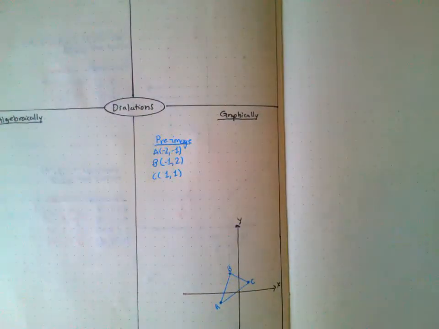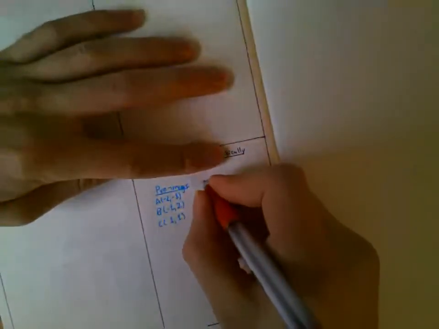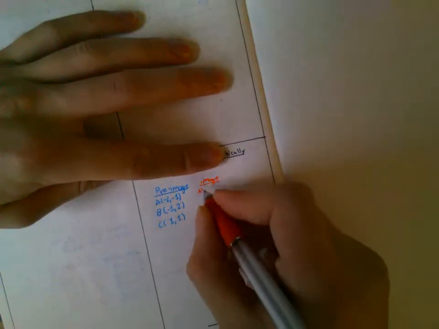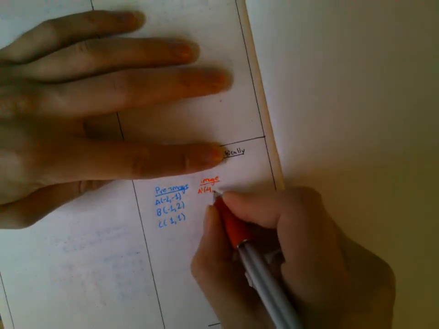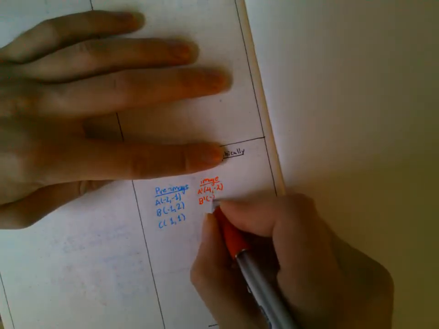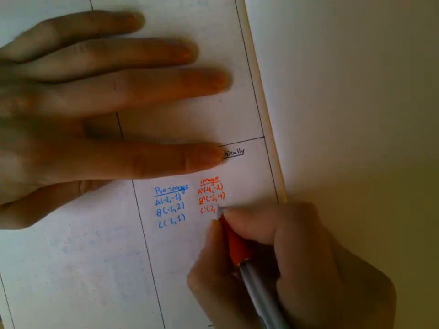From there, what is our image going to be? Let's say that A prime is -4, -2, B prime is -2, 4, and C prime is 2, 2.